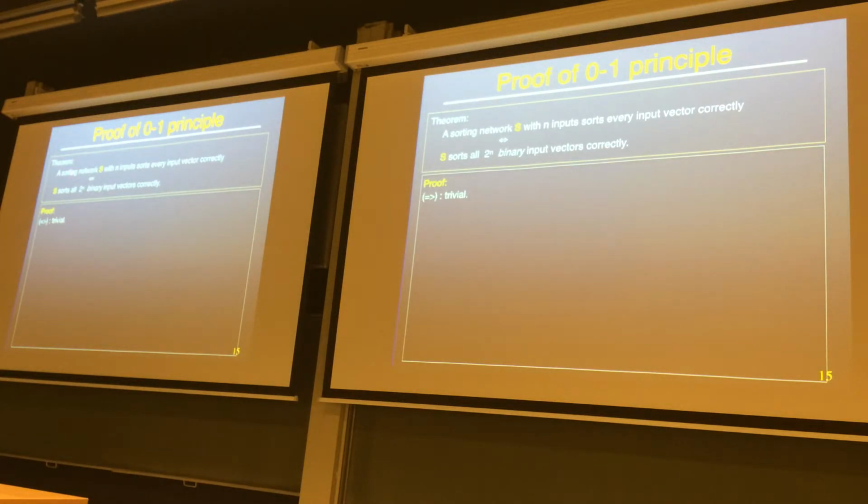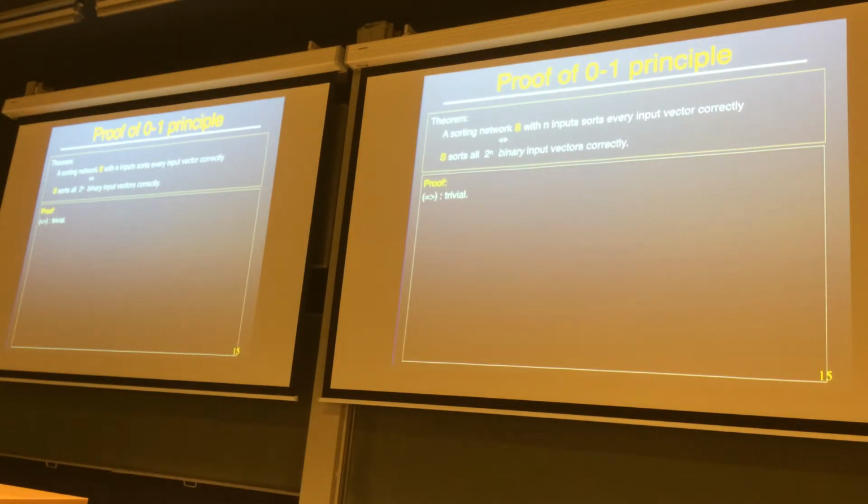So the proof has two directions. You can assume that the first half is true and then prove that the second half is true, and you have to show that if the second half is true, the first half is also true. Well, it's of course always the case that if you sort every input correctly, then of course you sort also binary inputs correctly.